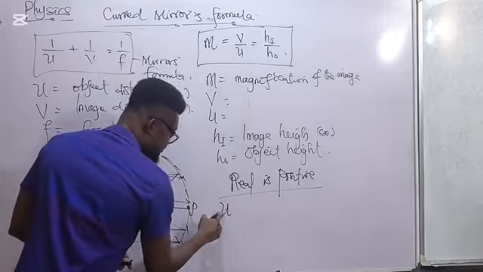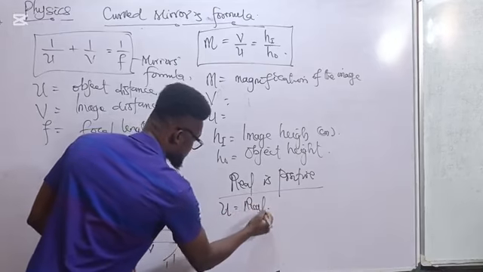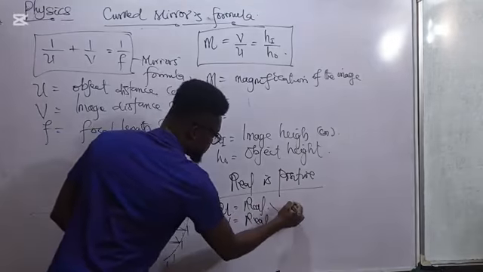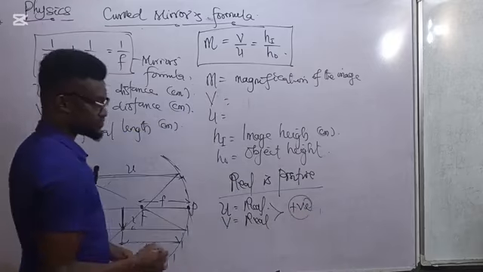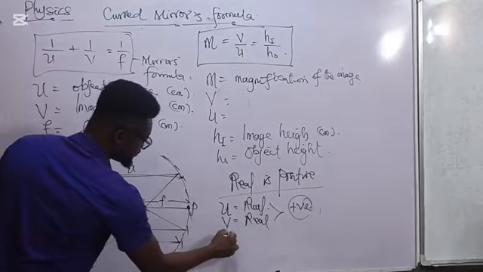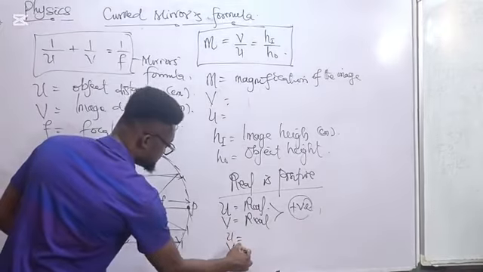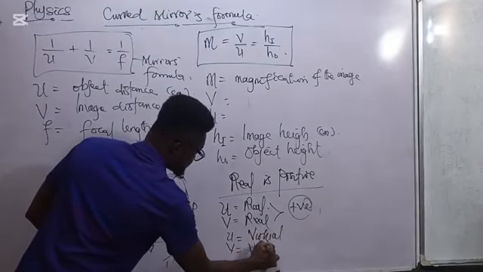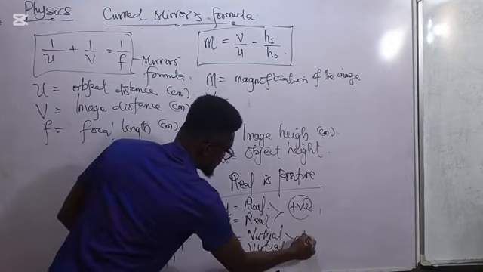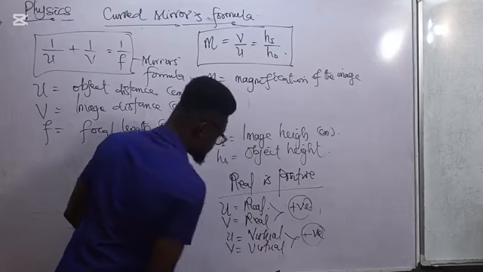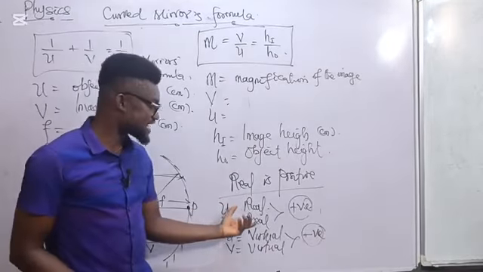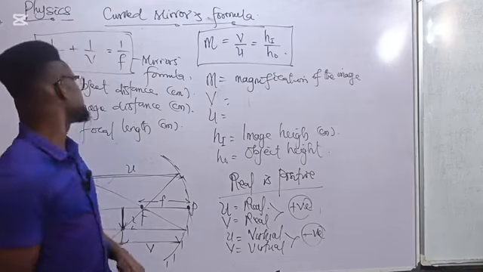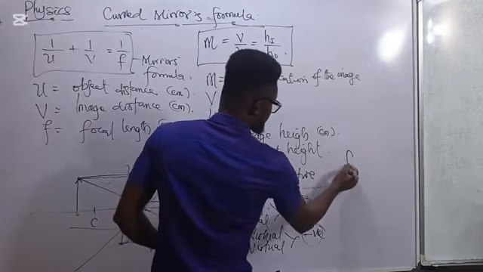So if u is real, or v is real, you assign it positive. If u and v are virtual, you assign them negative. So anything that is real, assign it positive. Anything that is virtual, assign it negative. Then coming to f.